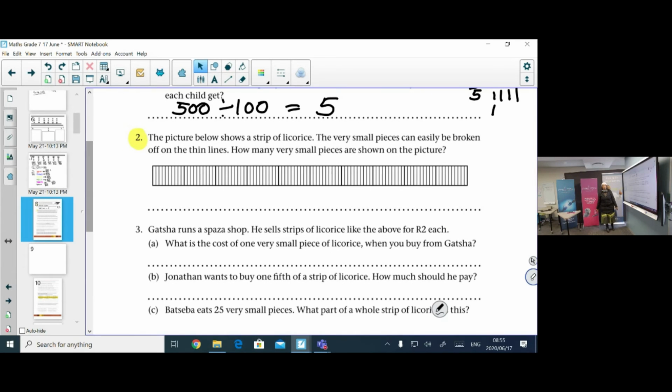The picture below shows a strip of licorice. Very small pieces can be broken easily on the thin line. How many pieces are shown on the picture? If you count, all the small blocks are similar, and there are 10 pieces over there. So you must count, there are 10.